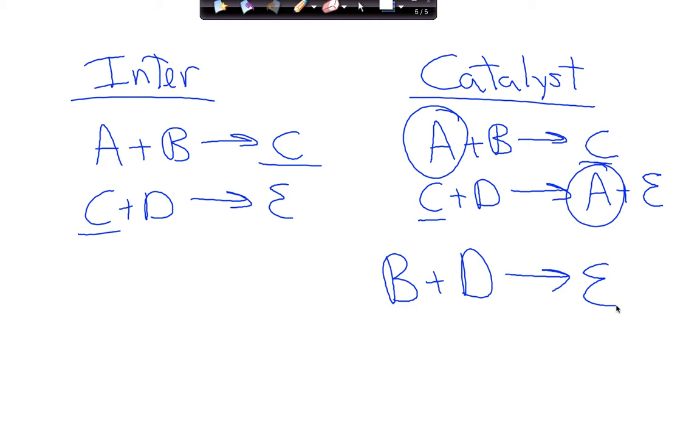Wait, why is it? So we've got A and B going in, A coming out, so B gets with D and it produces E. So how do we represent A, the catalyst? We put it above the line. That's typically the way you represent catalysts, is you draw them above the yields arrow, showing that it is both a reactant and a product.